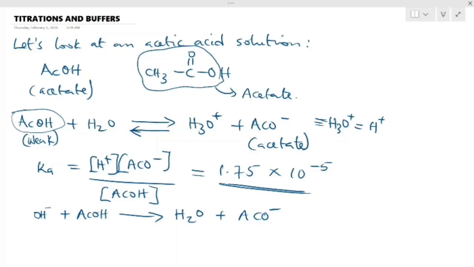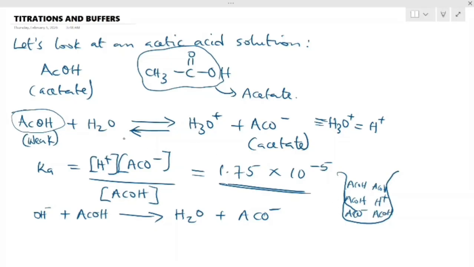So you have just a quick illustration. You have your ACOH in solution. Okay, you have H plus, which is just that weak dissociation, and ACO minus.